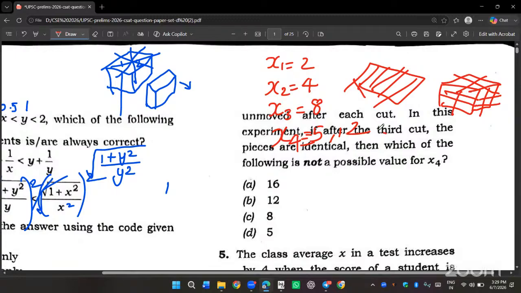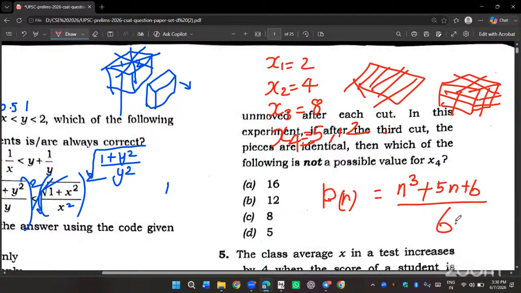That is the point we have to understand. Okay, how can I mathematically prove this? We know the mathematical expression: p of n is equal to (n cube plus 5n plus 6) divided by 6.